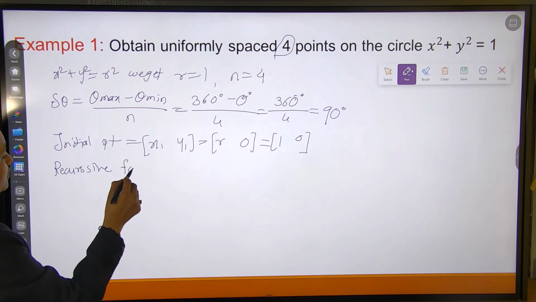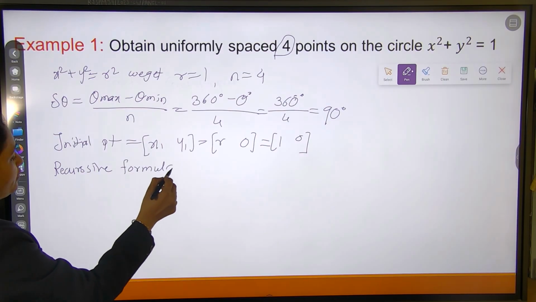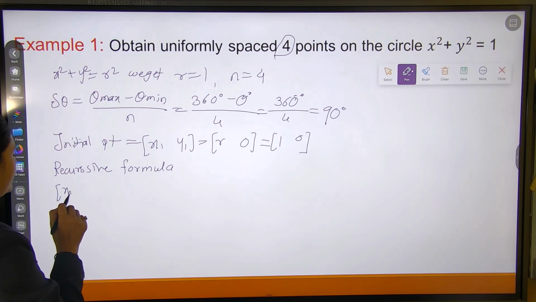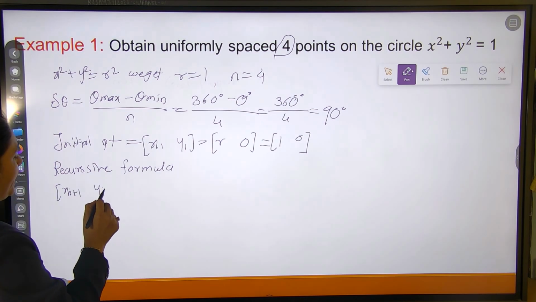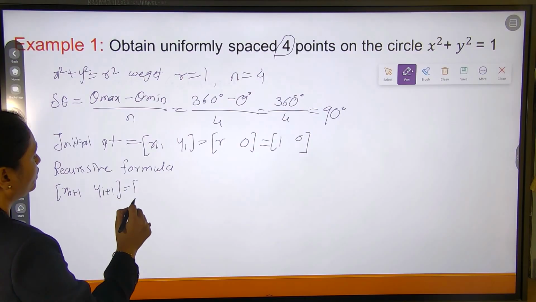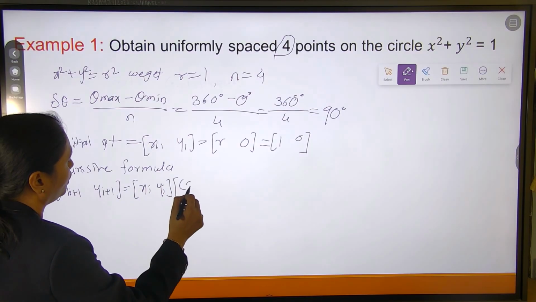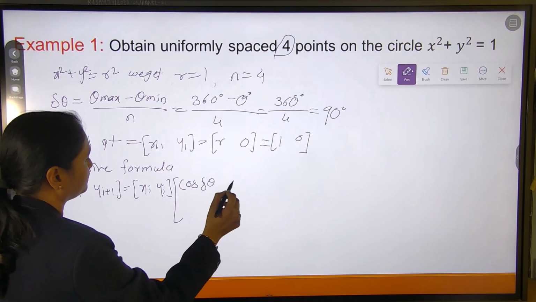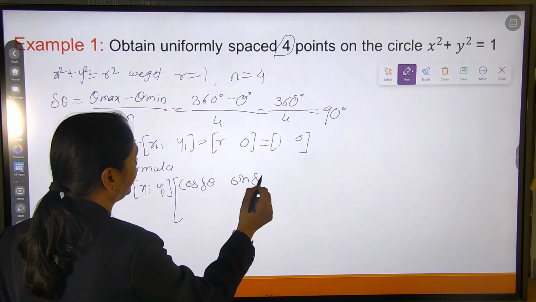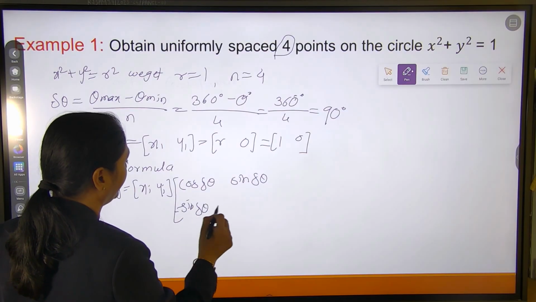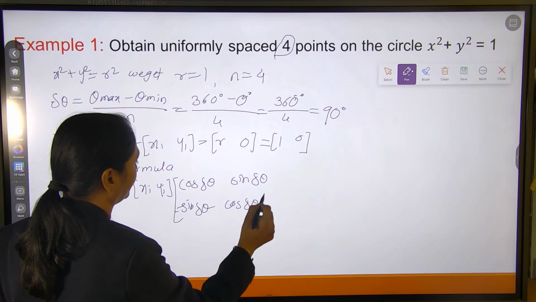And then use the recursive formula to generate the remaining points, that is x i plus 1, y i plus 1 equal to x i, y i into cos delta theta, sin delta theta, minus sin delta theta and cos delta theta.